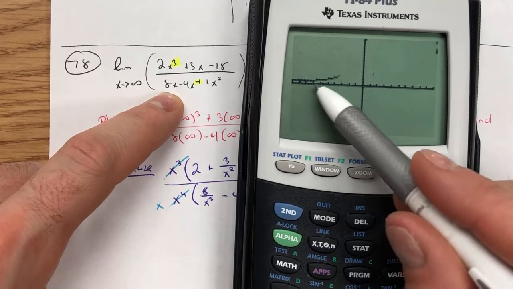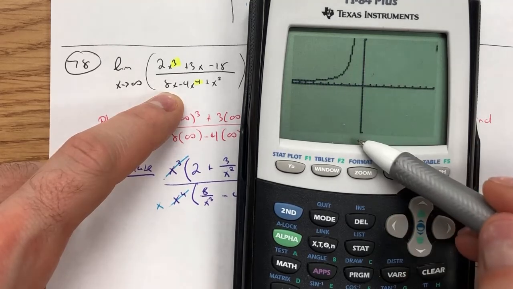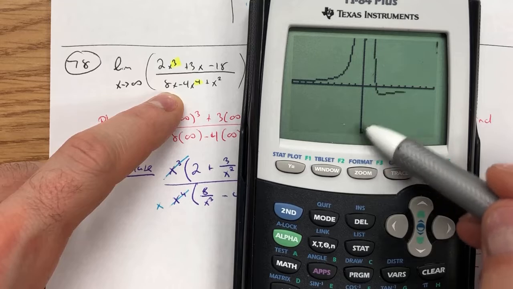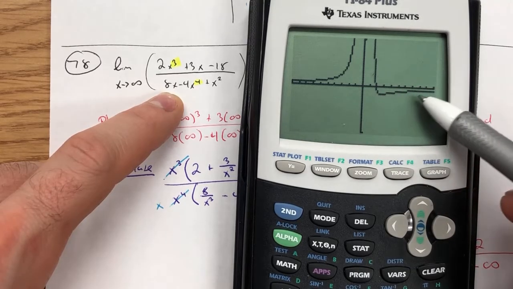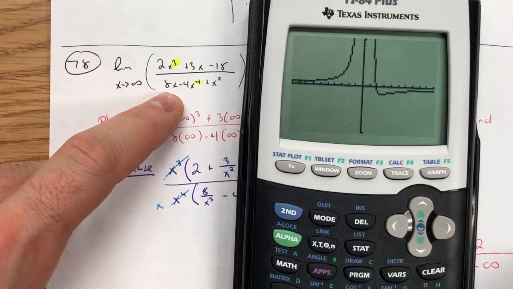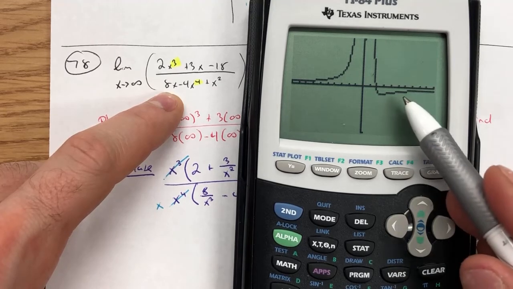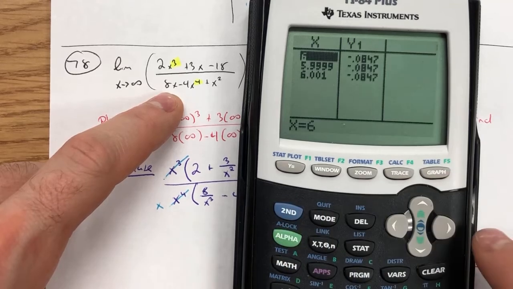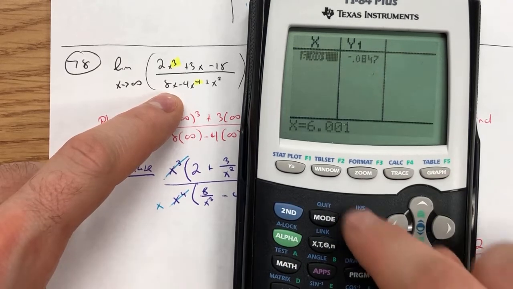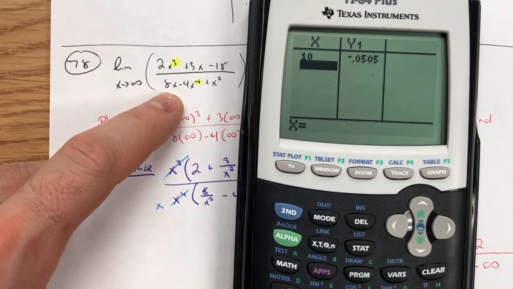So we see the graph is curving up. We might see a little peak right here, but I see it dips down and starts curving back up. So that's where that negative 0 comes in, is I'm approaching 0 from the bottom. In fact, if I plug in larger and larger numbers, I'm close to 0, closer to 0, really close to 0.